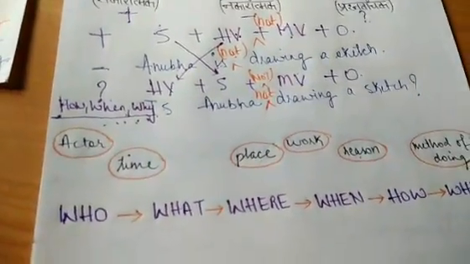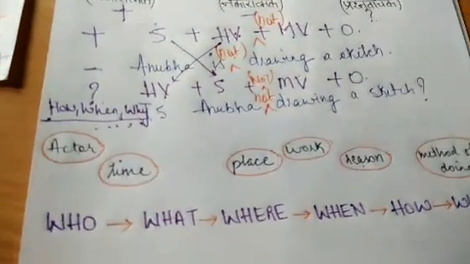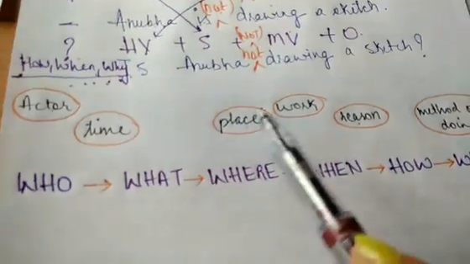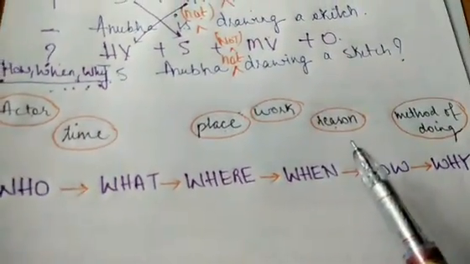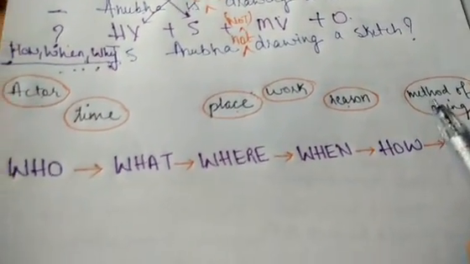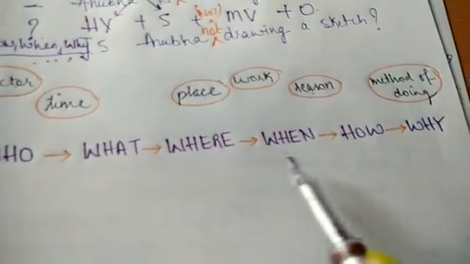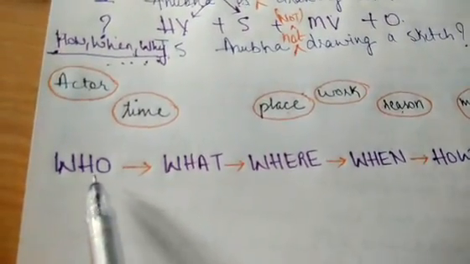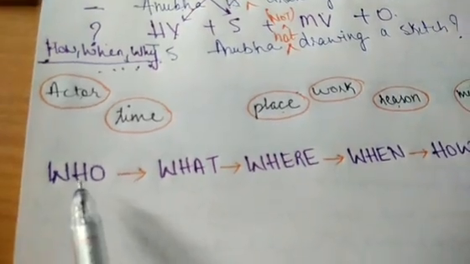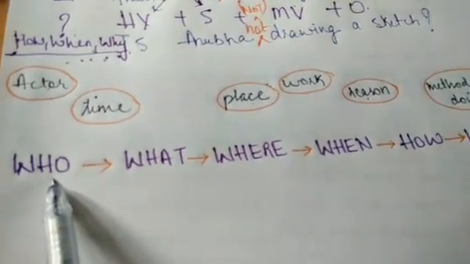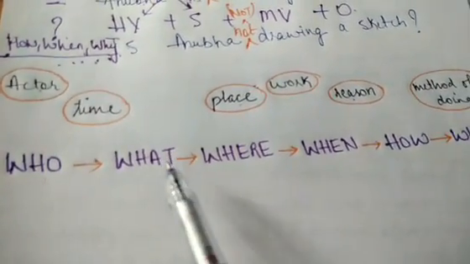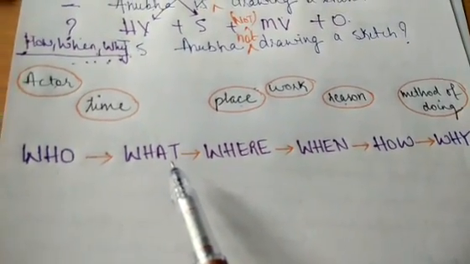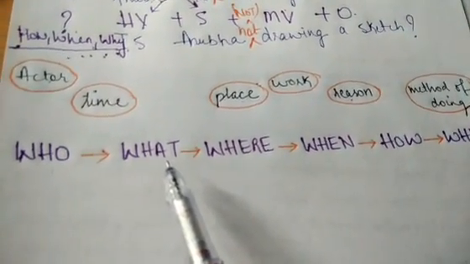So, whenever we have to describe a sentence with many terms, that is actor, time, place, work, reason, and the method of doing, we follow a certain order. Please remember, in our sentence, we always start with the actor, who is the subject, what work that actor is doing, and then the description follows with a certain sequence.